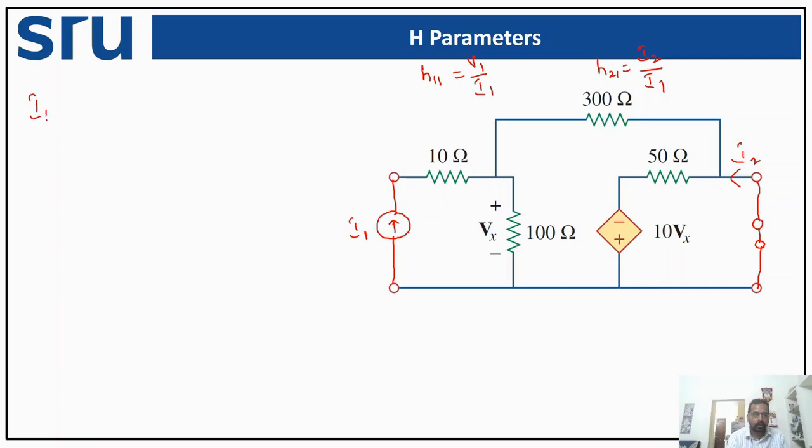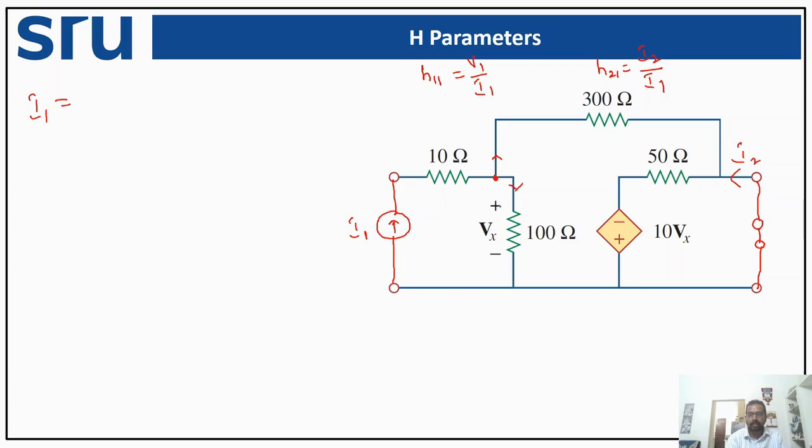So if we try to apply our nodal analysis over this particular point, we are going to have I1 equal to, here this I1 current enters and comes to this particular node and gets distributed into these two branches. So the current flowing through this particular branch and the current flowing through this particular branch. So what is the voltage across this particular branch?